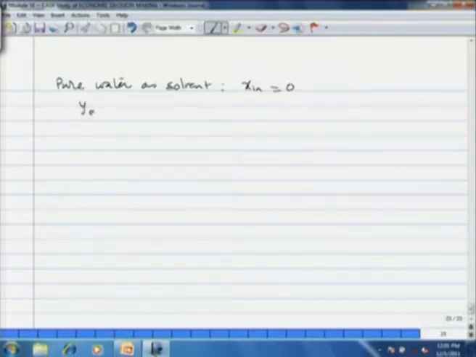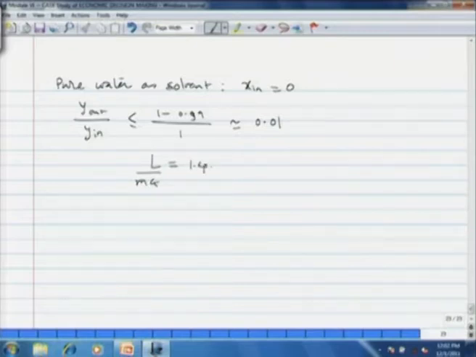So, then we can immediately write Y out by Y in is less than or equal to 1 minus 0.99 by 1, that is 0.01 or lesser, okay, and the thumb rule of having L by mG equal to 1.4 or L is equal to 1.4 into gamma PV by PT into G. Now, with this information, we will try to design the column.